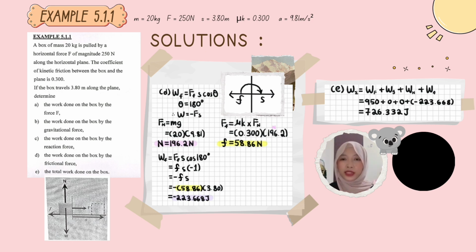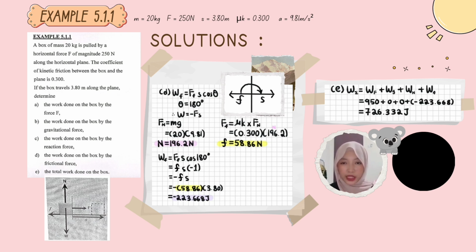Now we need to find Fn. Fn equals mg, where m is 20 multiplied by g 9.81, and the answer for N is 196.2 Newton. Next, we need to find the frictional force.